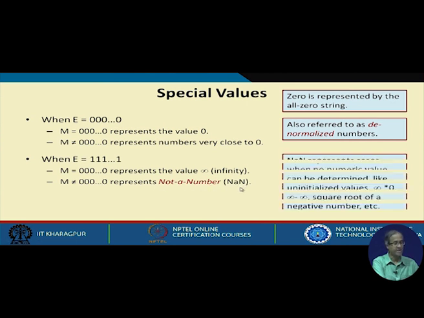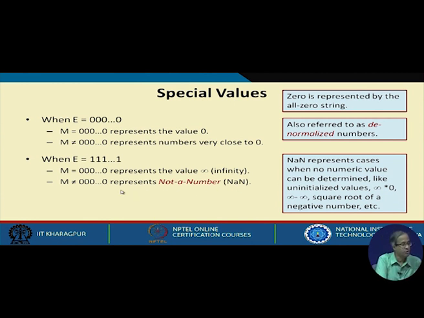Why is it required? Because there are certain cases where you do not know the value of a number, like when you have defined some variables but not initialized them. To start with, they will have NaN. Say infinity multiplied by 0, this is undefined. Infinity subtracted from infinity, or trying to find the square root of a negative number.